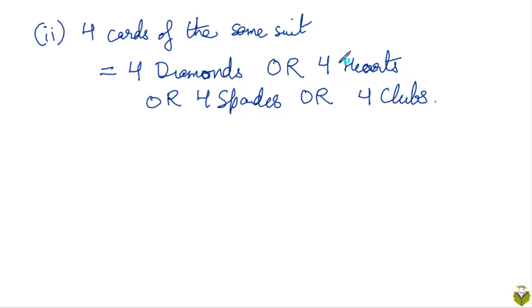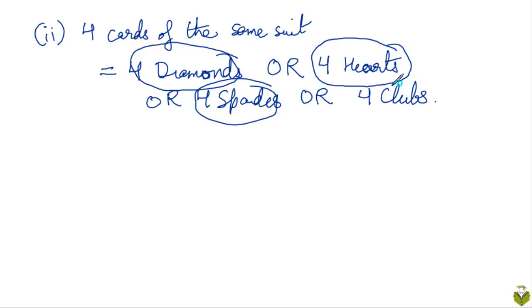This is something we looked at before: whenever you want 4 diamonds, or the second event, or the third event, or the fourth event, then you add the numbers. So we have to find the number of ways to pick 4 diamonds and add it to the number of ways to get 4 hearts or 4 spades or 4 clubs.